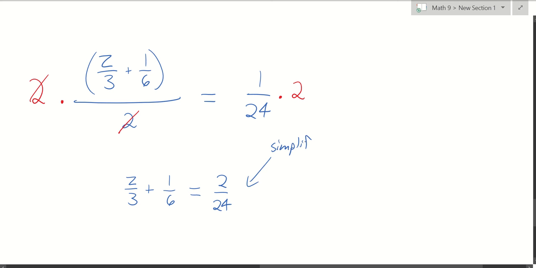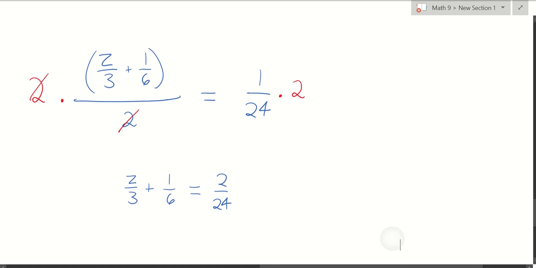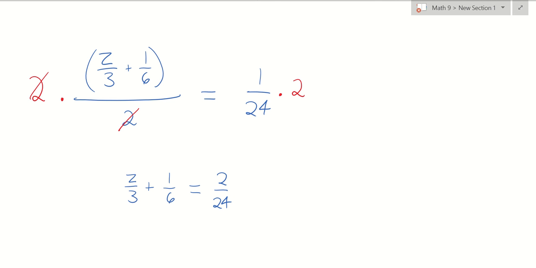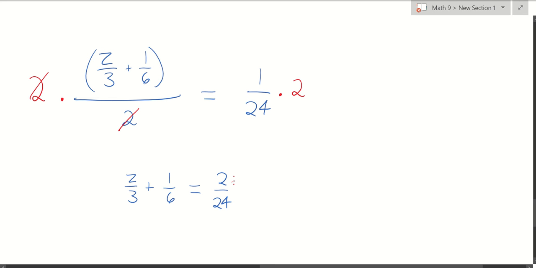Absolutely, and it is very, very useful to do that because it will literally make the rest of the math more simple as well. We can see that this top number, this numerator is even, this denominator is also even, so what we can do is divide the numerator and the denominator by 2.